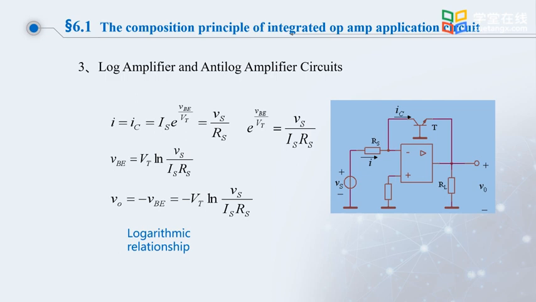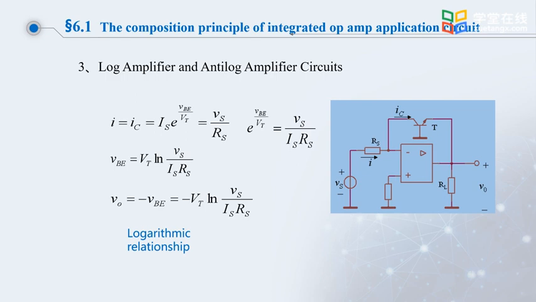We can derive from this expression that e to the power of VBE over VT is equal to Vs over (Is times Rs). So what is VBE equal to? This is an exponential relationship, so VBE is VT multiplied by ln of Vs over (Is times Rs). The expression of VBE is found. Let's see what VO is.